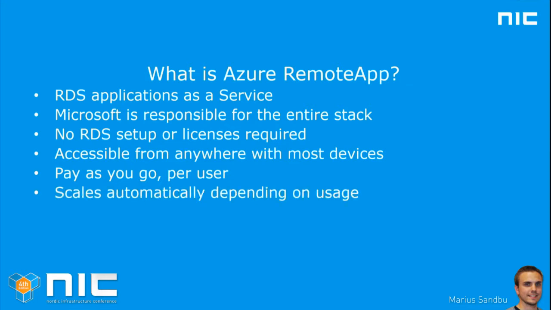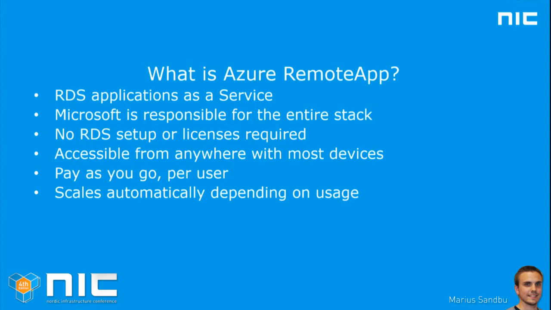It also scales depending on usage. Let's start with 2 users who access some application, and you go up to 20 users. Azure will automatically scale up accordingly with virtual machines underneath. And it will also scale down if there are only 2 users again.